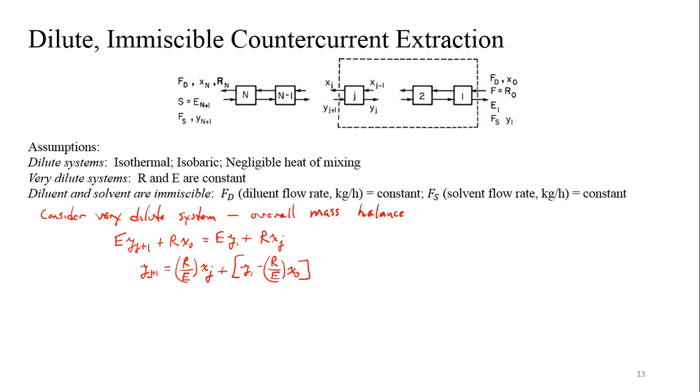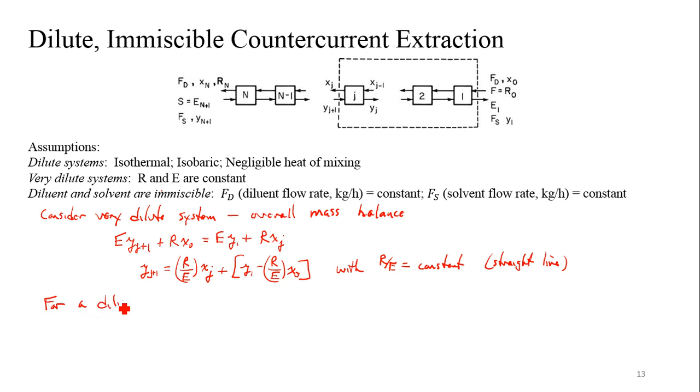And in this case, since we've assumed it's a very dilute system, R and E are constant, so it's going to have a constant slope. So this is a straight line.